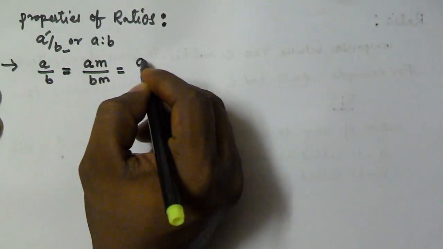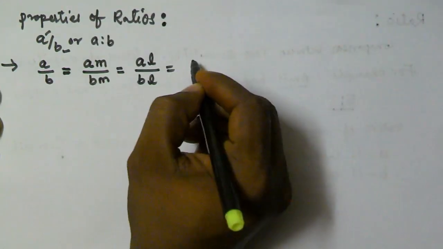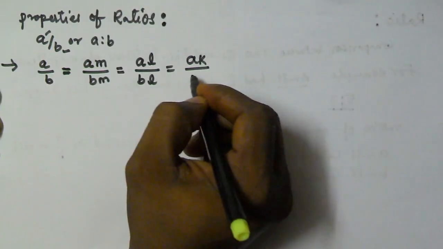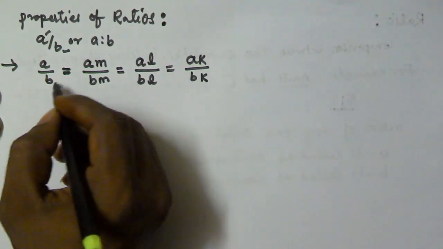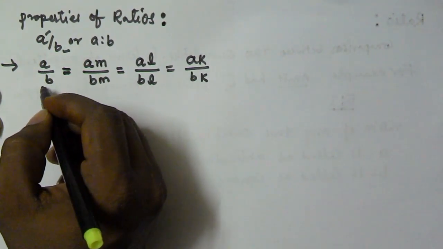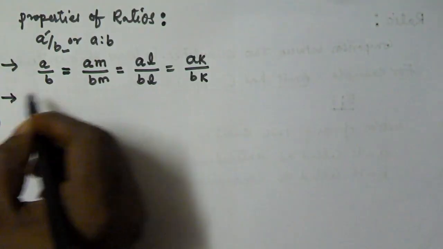Here I am multiplying the numerator and denominator by L, and here by K. The value of the ratio is never going to be changed if you multiply numerator and denominator by the same value.